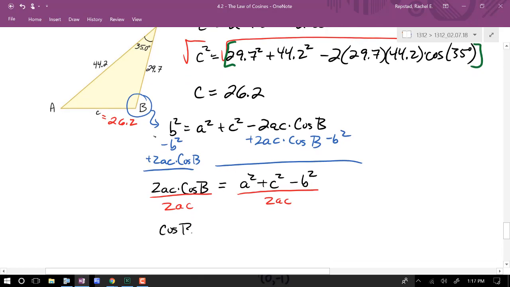That means that cosine of b is equal to a squared plus c squared minus b squared over 2ac.